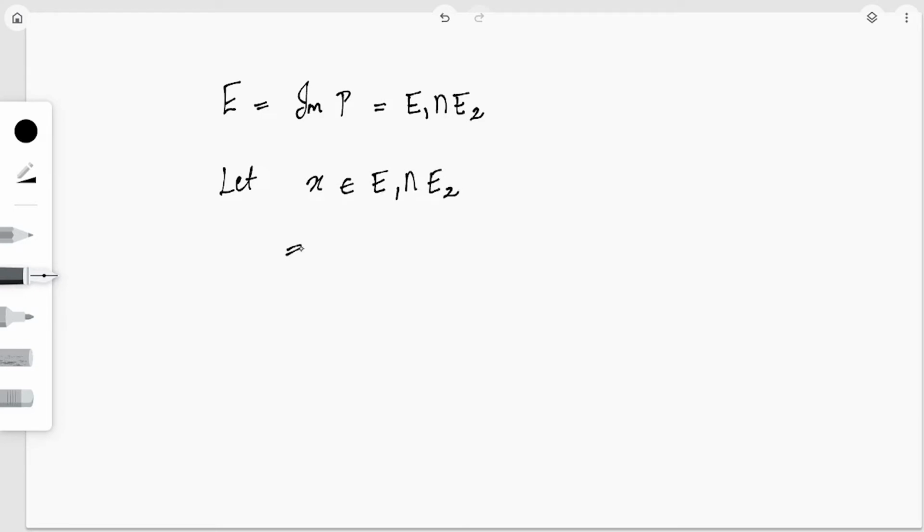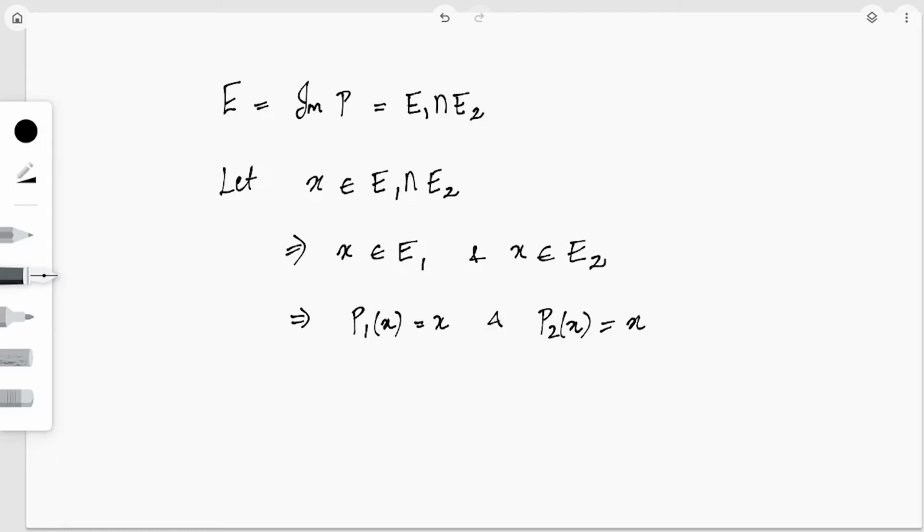This implies X is an element of E1 and X belongs to E2. Now this implies P1 of X is equal to X by the projection property, and P2 of X is equal to X. Now let us see what P of X is.